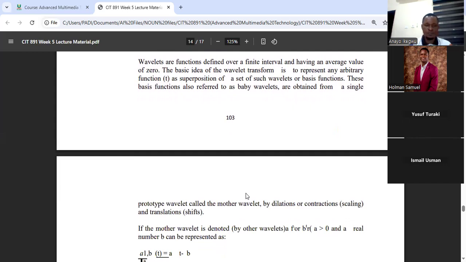We see that wavelets are functions defined over a finite interval and having an average value of zero. The basic idea of the wavelet transform is to represent any arbitrary function as a superposition of a set of such wavelets or basis functions.